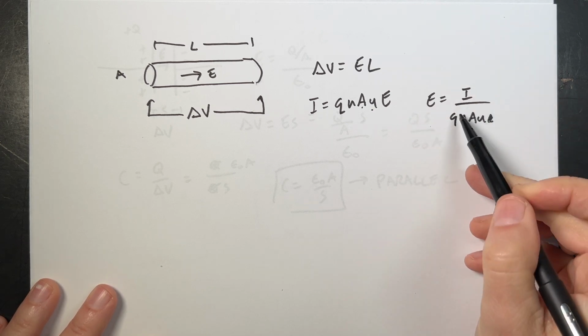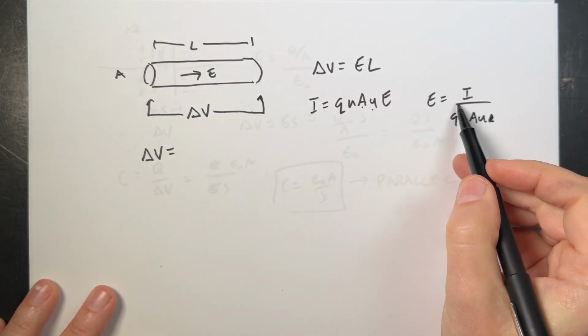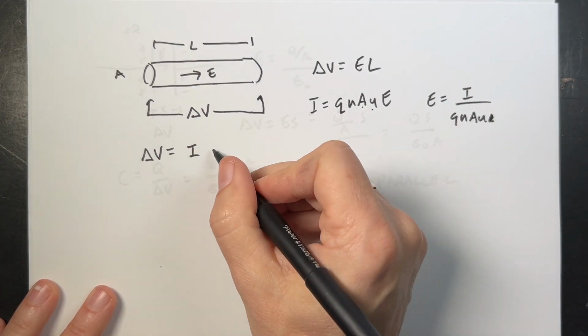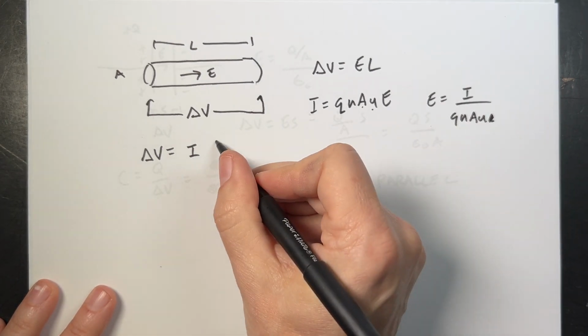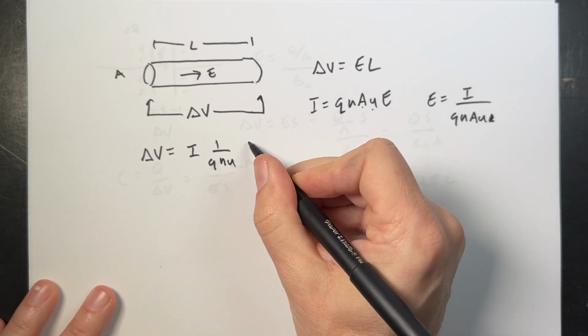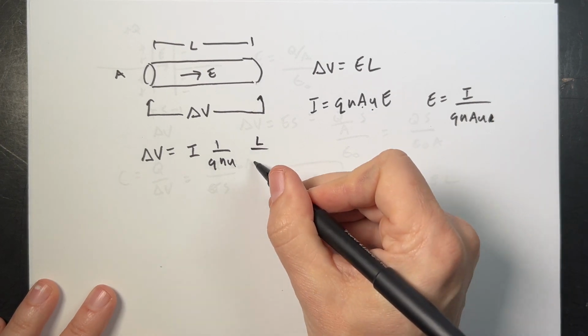Now if I plug that in up here, I get delta V equals E L, which is I times 1 over Q n u times L over A.